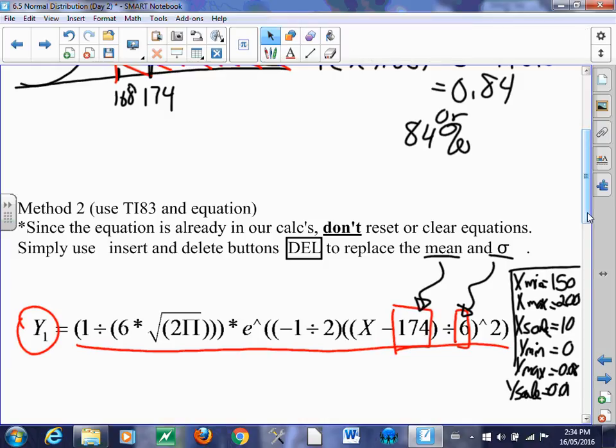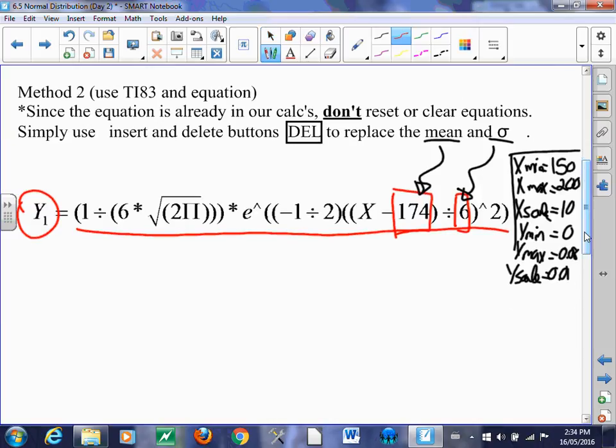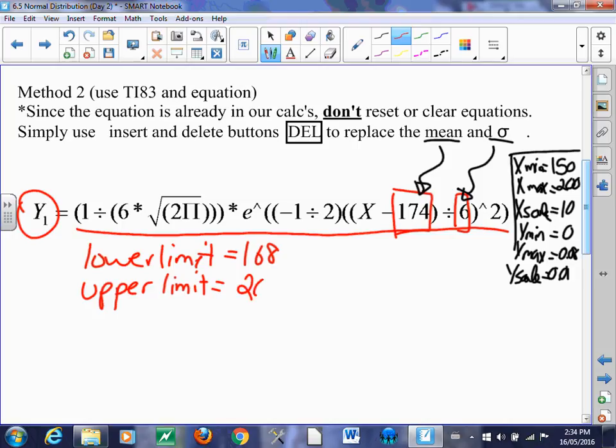All right, so plug that in, ladies and gentlemen. After you've done that, you then press your second trace and 7 button and your lower limit. So it asks for lower limit. That equals her height, which is 168. The upper limit has to be off the graph. So we're going to use an upper limit of 200.